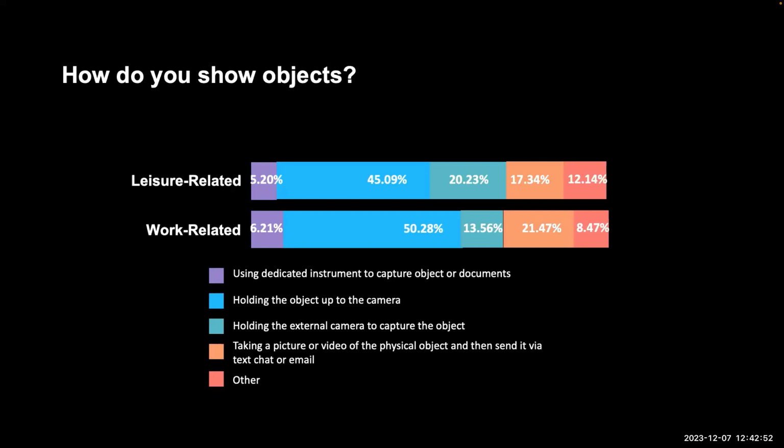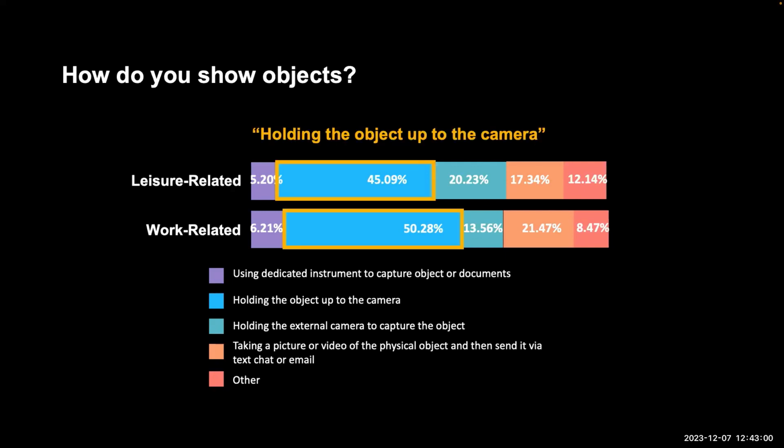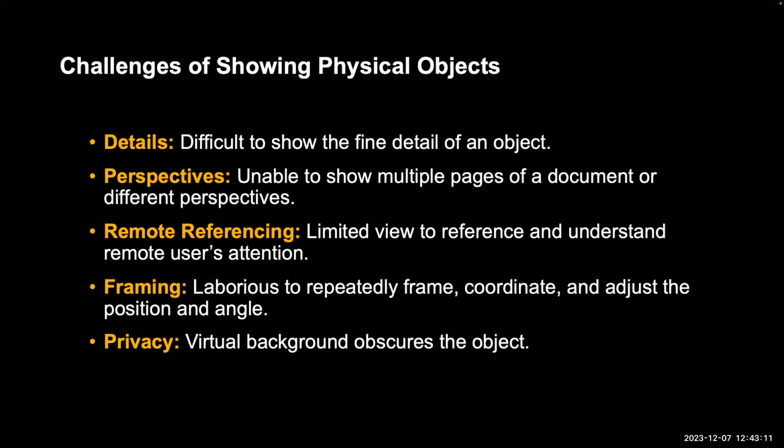Sometimes you may use a fancier dedicated camera setup that has a document looking perspective, but almost half of them just hold the object up to the camera. Some just take a picture and share that with others. This is how people usually share objects in remote meetings.